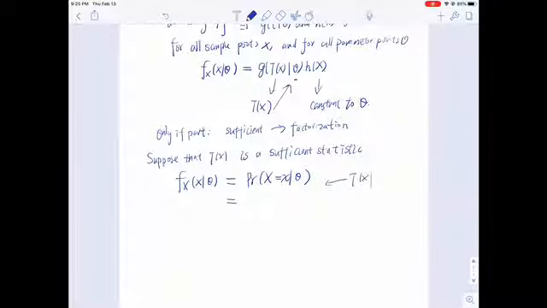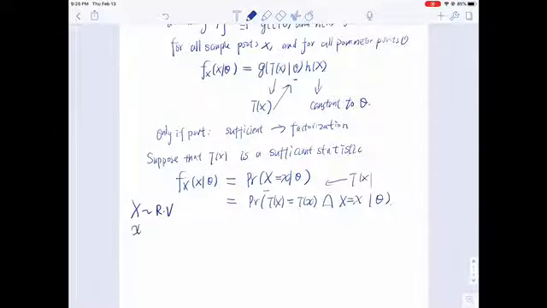If we apply this T onto our x space, then we will have T(X) equal to T(x), and X equal to x given theta. Just to remind you guys, the capital X is the random variable itself, and the lowercase x is the realization. We also call it the data.